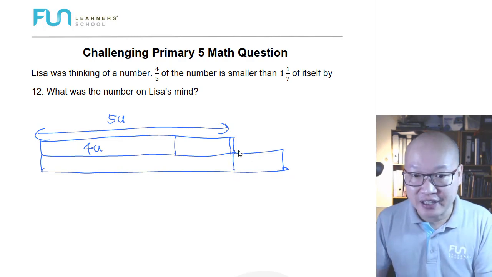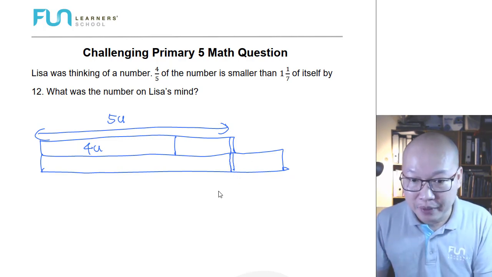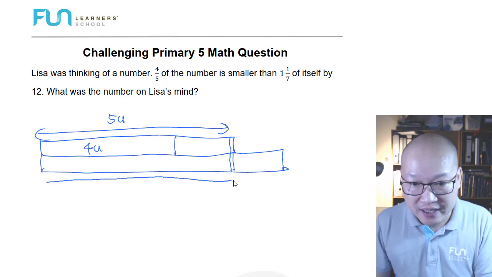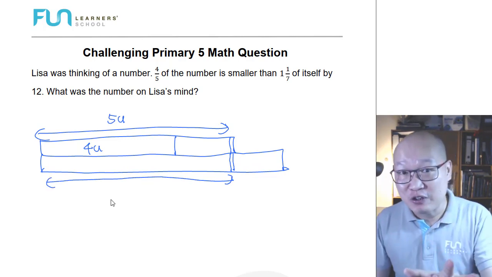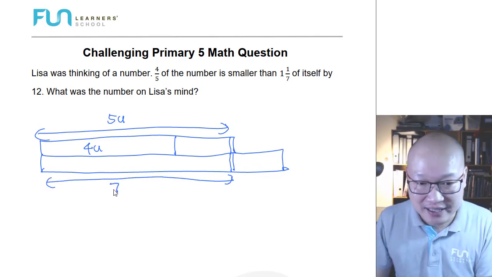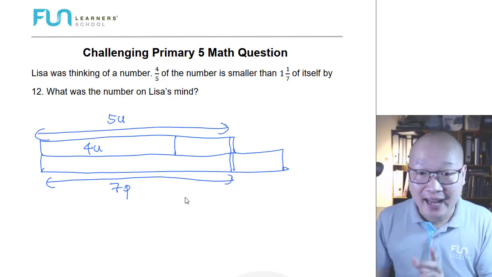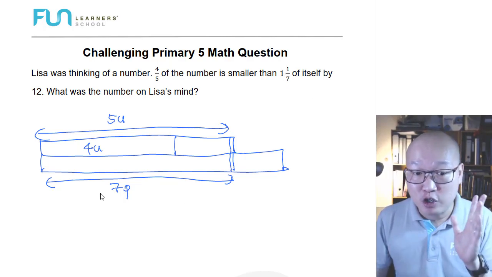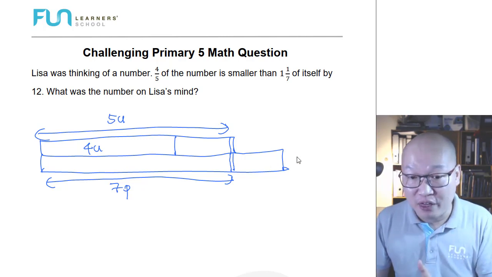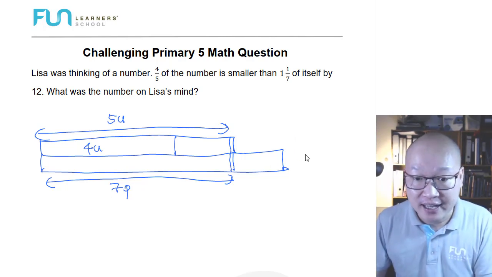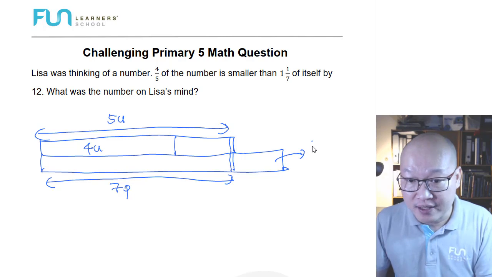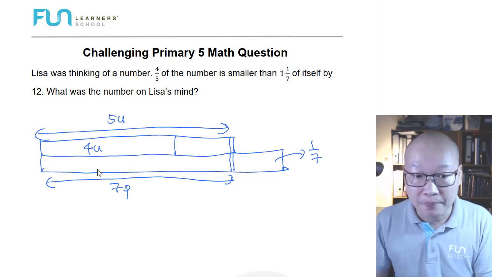This is the double line, which means the original number, and this part here is going to be 7. Instead of using units, we call it parts. 7 parts is going to be one whole, and we know that it's going to be 1 and 1/7 of itself, which means that this is going to be 1/7. Correct? The bottom part here is one whole.